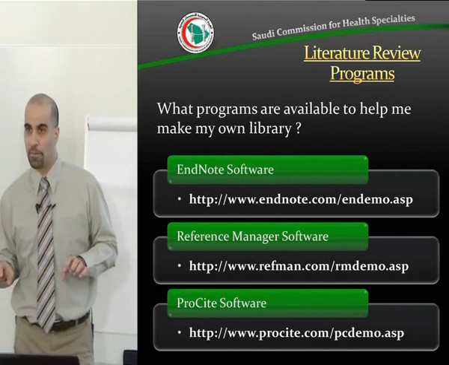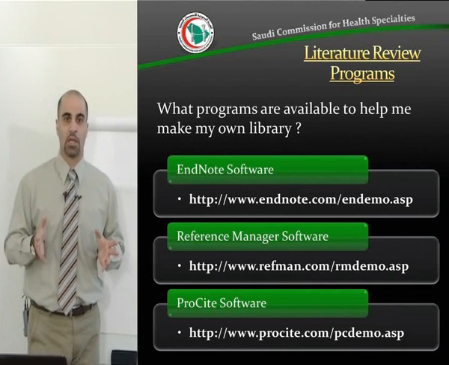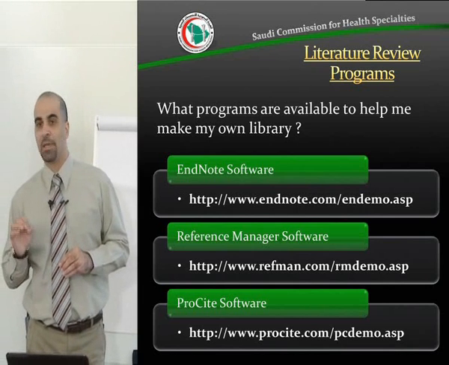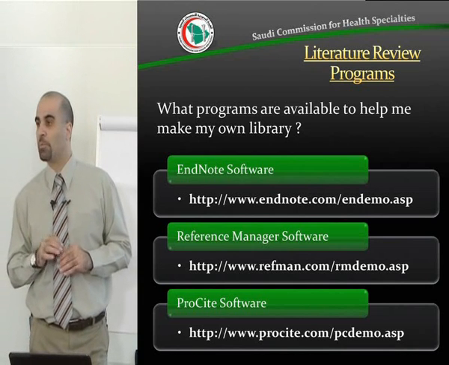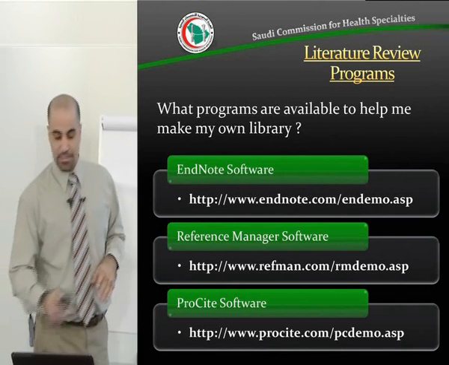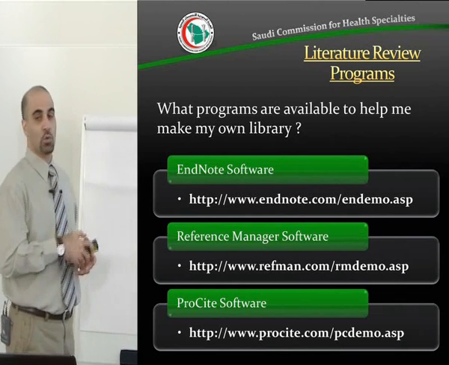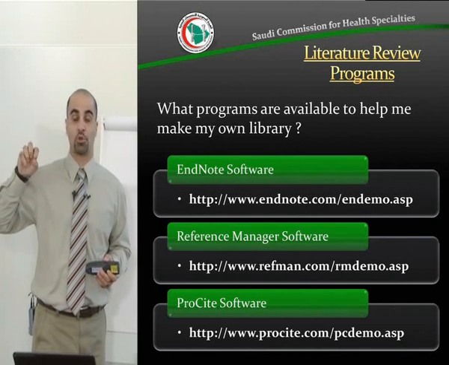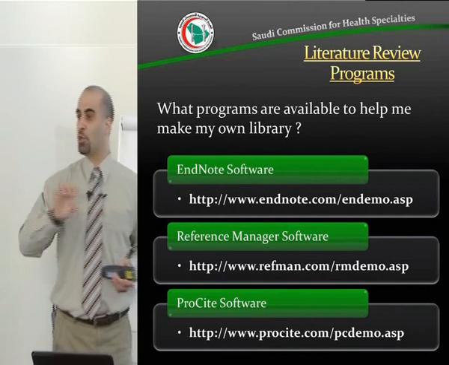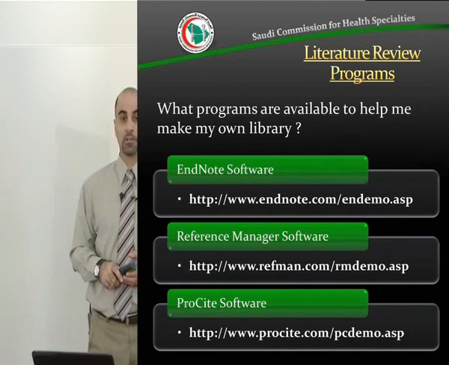You have to do it manually. This is what we used to do before. But the problem is, when you do it manually, you'll have a big chance that you will make a mistake, right? So instead of doing that, you will ask Endnote to extract the reference information from this article and put it for you in the document.